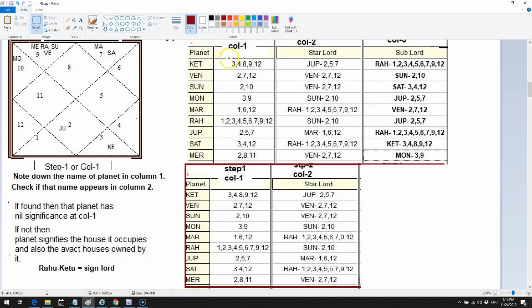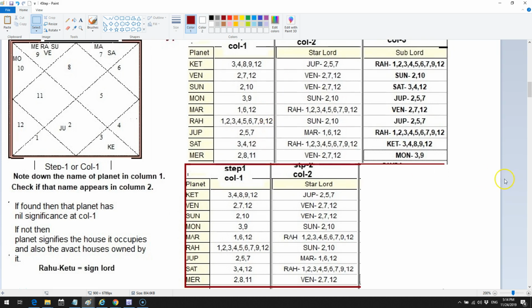This particular table that you see over here is just an identical copy of what you see over here. So this is the usual layout of significators, and we are going to apply the four step rule to this table and eliminate all the tempters, or all the weak significators.